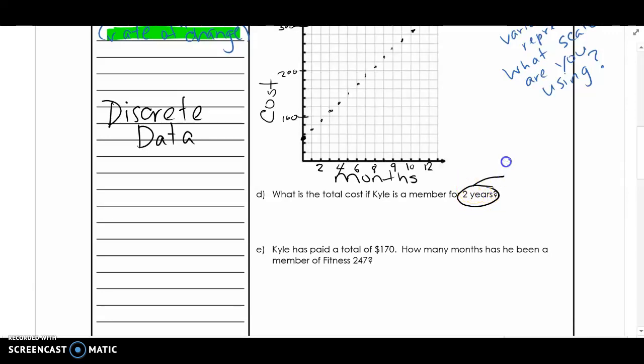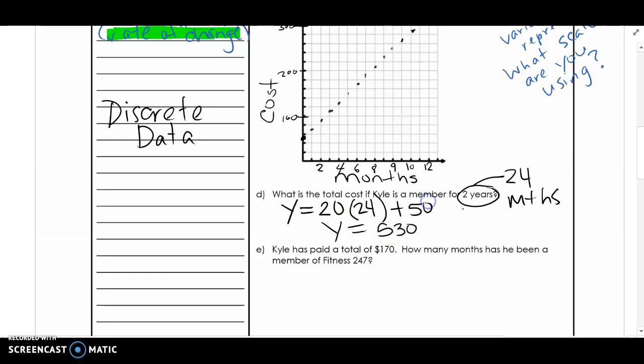So I'm going to convert 2 years to 24 months and then use that and substitute it for X in my equation. $20 for 24 months plus that initial membership of $50. When I do the computation here, I get that Y equals 530. So Kyle would pay $530 over the course of 2 years for his gym membership.